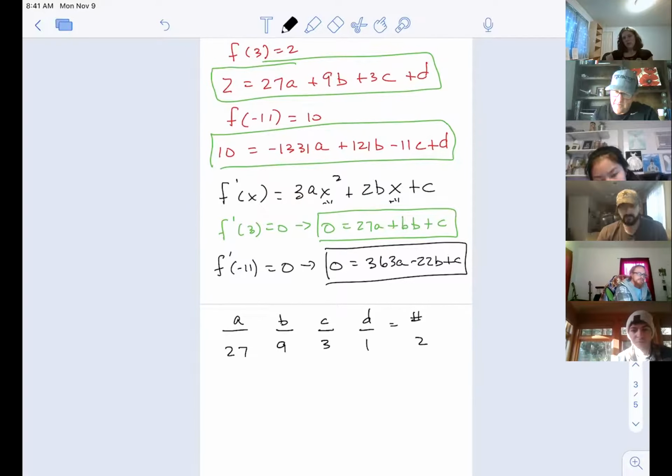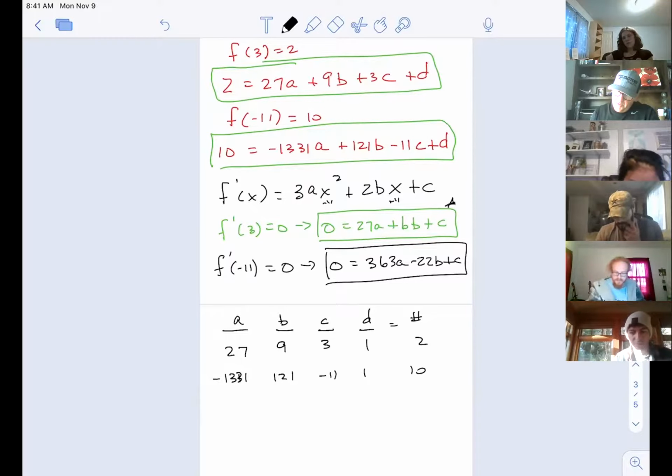Notice that the equal sign has got to be on the right. My second equation, I've got 1331 for A, 121 for B, negative 11 for C, 1 for D, and that's all supposed to equal 10. And then for this equation, I've got 27 for A, 6 for B, 1 for C.